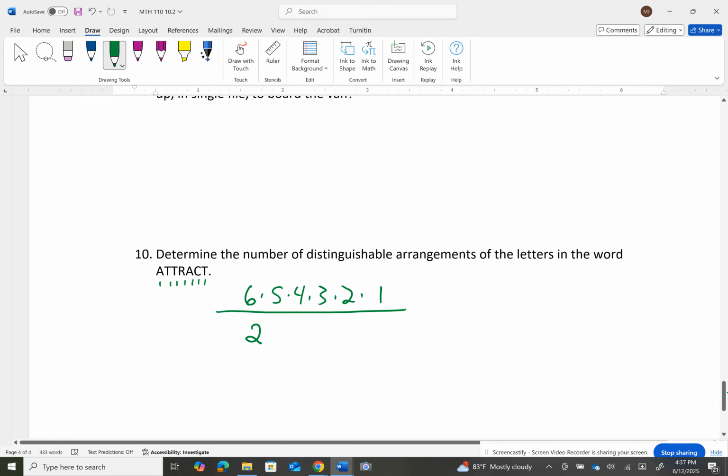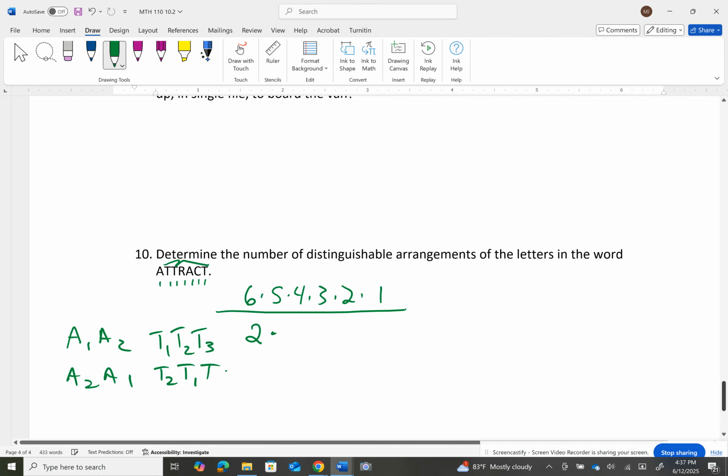So I'd have to divide by 2, and then I'd also have to divide by the number of ways you could arrange the 3 letters. How many different ways you could arrange 3 letters. There's 2 ways you could arrange 2 letters. That way or that way. That's why you divide by 2. But there's 6 ways you could arrange 3 letters.